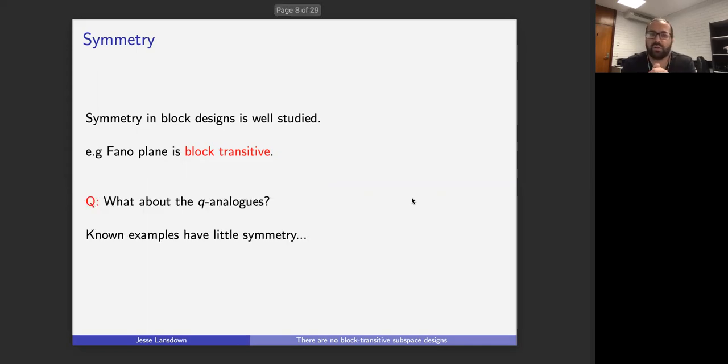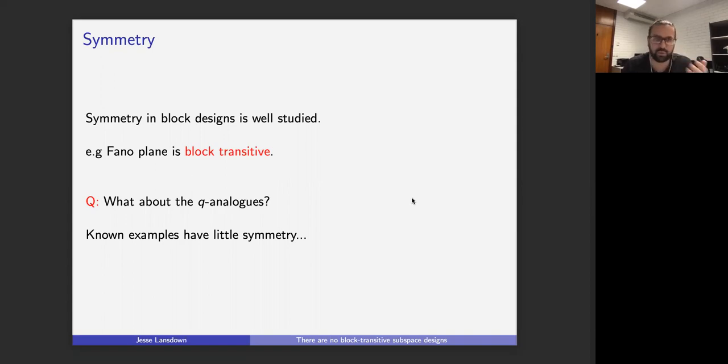But the q-analogs are a lot harder. So remember the finite plane, that the q-analog for q=2 is still not known to exist, but what we do know is that if it does exist, it either has no symmetry at all, it has a trivial automorphism group, or it admits a single involution. And even other subspace designs which are known to exist still typically have much less symmetry.